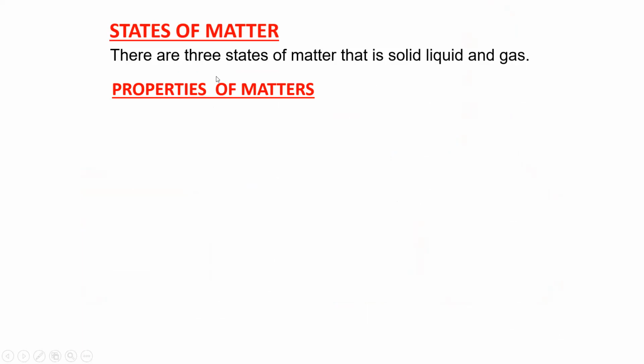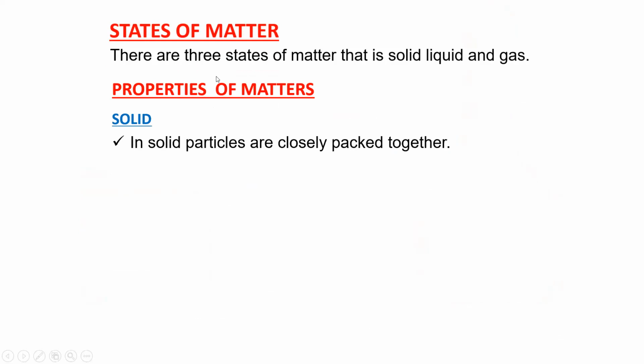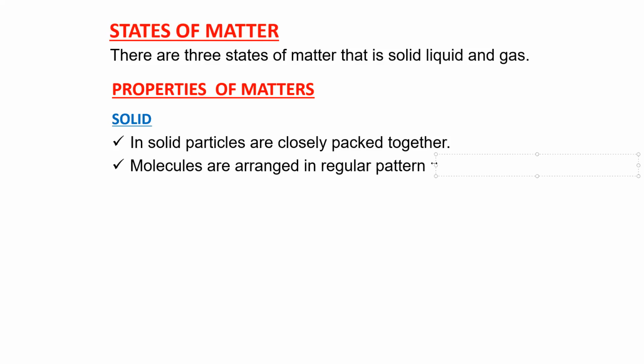Then what are the properties of the states of matter? Number one, the solid. All solid particles are very close or tightly packed together. The molecules are arranged in a regular pattern, and when the molecules are arranged in a regular pattern, we use the term lattice. So lattice is a term used for a regular arrangement of the particles.